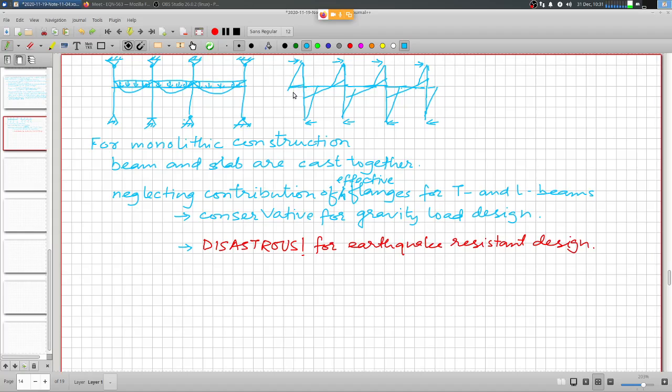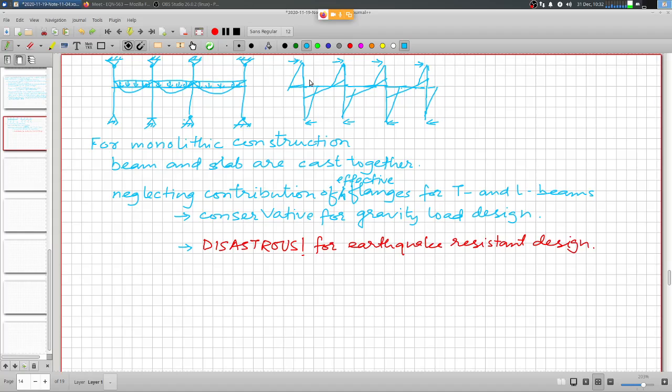Contrast this with the earthquake load pattern. It is the negative moment which is really large, and the signs may alternate. At one instant it is like this, next instant it is going to be like this. It will reverse the signs. So the point is, you need to provide for these negative moments at the supports, and they decrease very rapidly as you move away from the support.